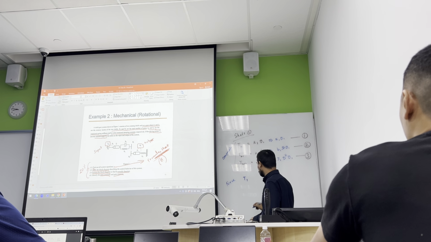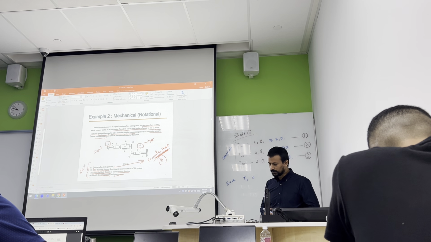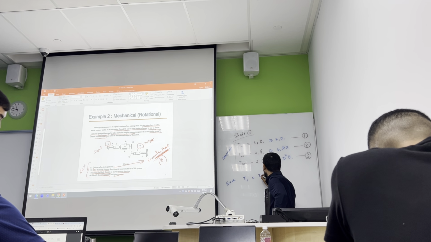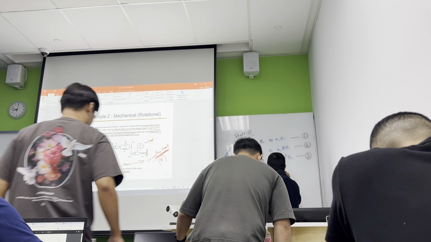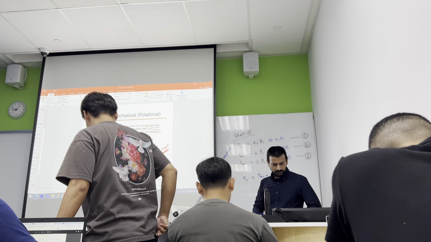The other components are opposite of this T1. Okay, so what do you have? All these things: TK1, TB1, TJ1. What else? Is anything missed out?